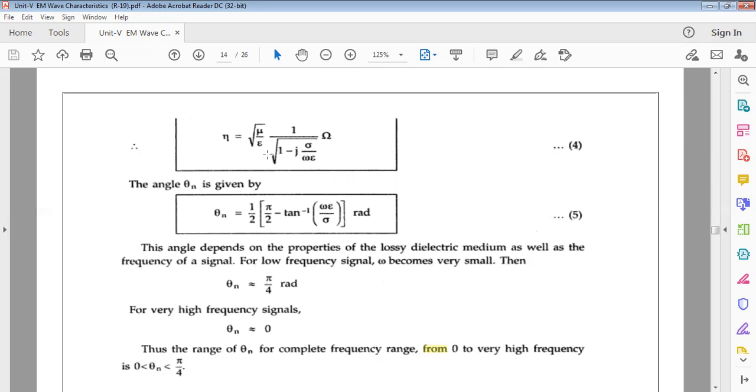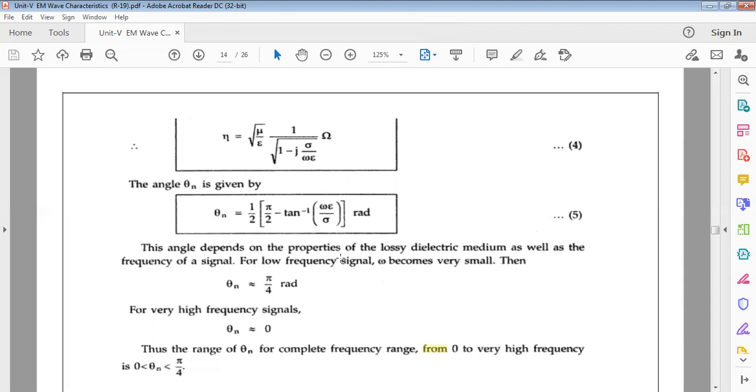The imaginary coefficient is in the denominator, my students, so you subtract from pi by 2. Why is it pi by 2 minus? Let us take the under root of j omega term, that is 90 degrees, minus the complex function angle, which is tan inverse of omega epsilon by sigma.